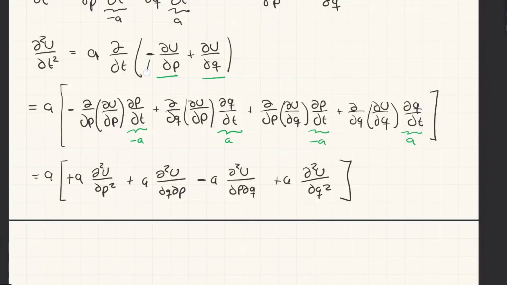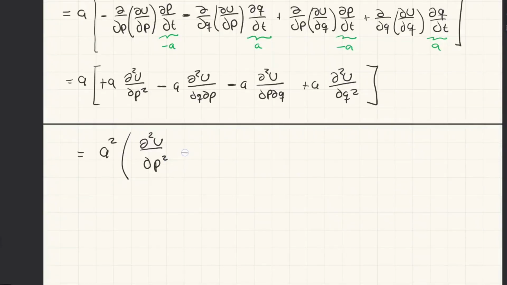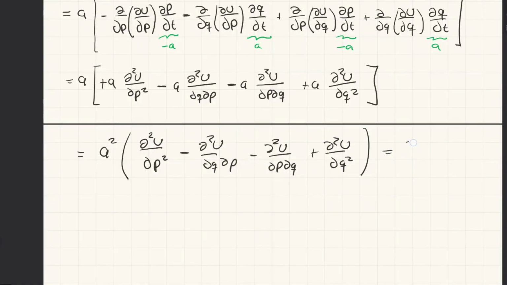From here, you see that there is a minus sign for the derivative of u with respect to p, so I think that this plus should be a minus, and this should be a minus. To get that this is equal to a squared times the second derivative of u with respect to p, minus the derivative of u with respect to q with respect to p, and then minus the second derivative of u with respect to p with respect to q, plus the second derivative of u with respect to q. So this is the second derivative of u with respect to time.